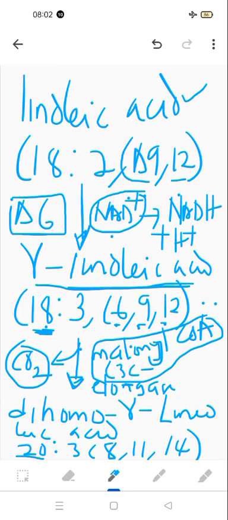After the formation of the dihomogamma linoleic acid, it is going to undergo desaturation between carbons 5 and 6 to give us arachidonic acid.